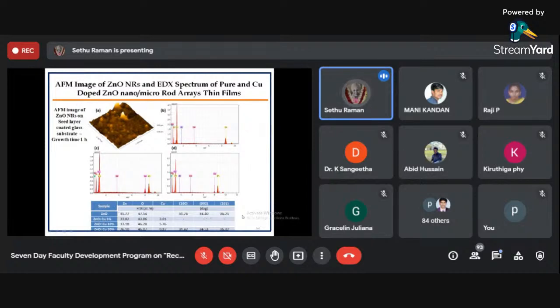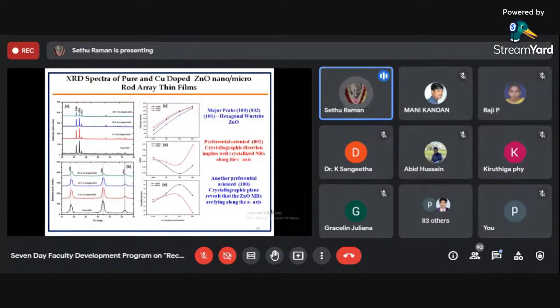You see how the crystallographic orientation is changing with respect to zinc oxide. These EDAX images are taken on the crystallographically oriented nanorod samples, the 0002 and 101 samples. In the nanorods, we have taken the EDAX at three places, and then we confirmed the stoichiometry of the compound.